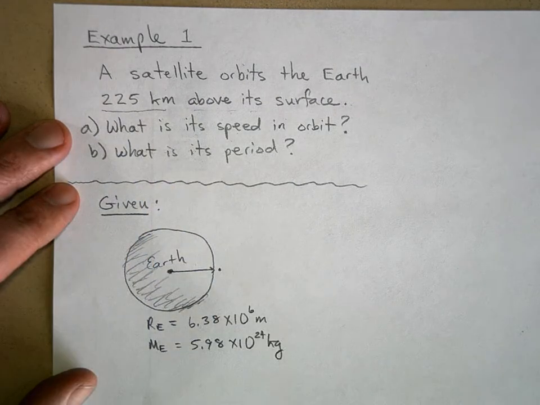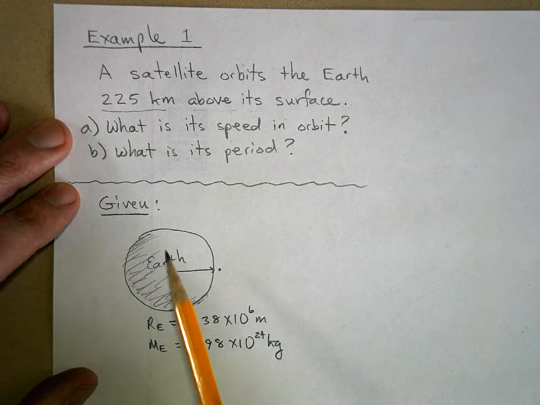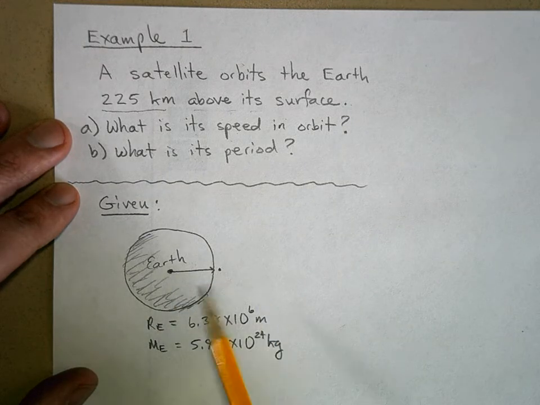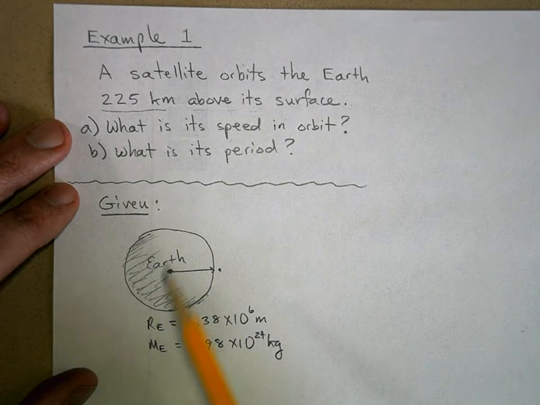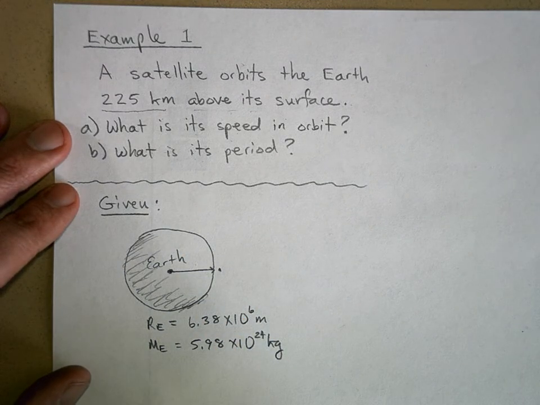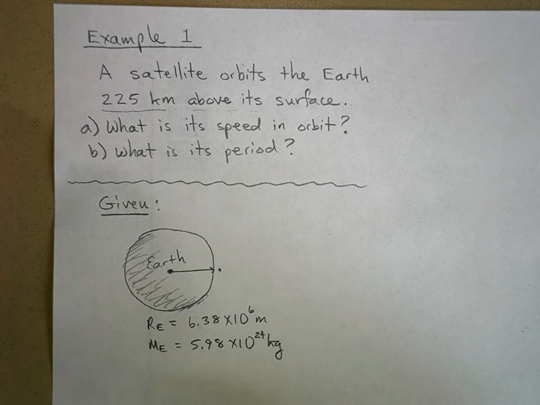It'd be about right here. So if this is the radius of the Earth, my satellite is actually orbiting the Earth right about there. Not very far away from the Earth on this scale. All satellites in low Earth orbit are actually very, very close to the Earth relative to the size of the Earth.